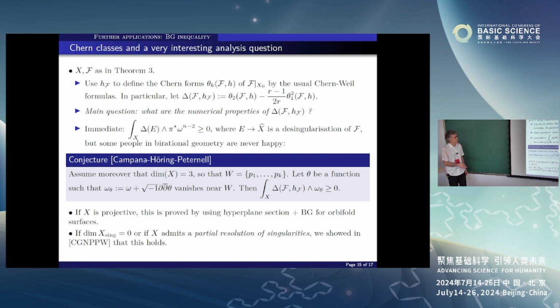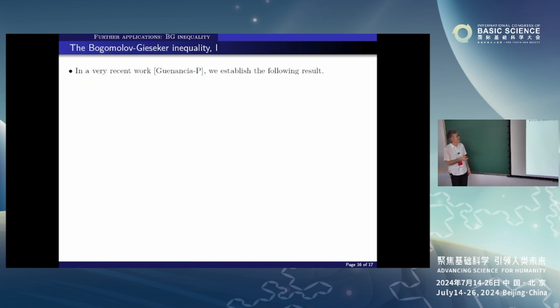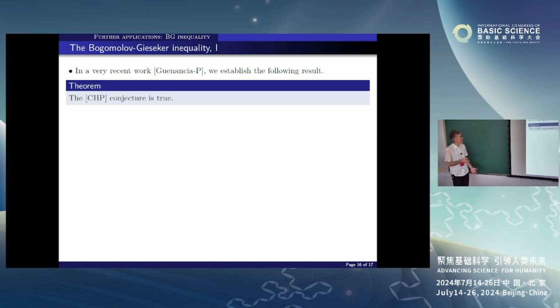So we keep the quotient singularities, and the total space is supposed to have at most quotient singularities. That would be a partial resolution. Now, in the meantime, Wenhao Ou claimed the existence of such a partial resolution. So this gives one possible solution to this problem. Of course, we prefer our solution. So in a recent work with Henri, we established the following result, namely that this conjecture is true.